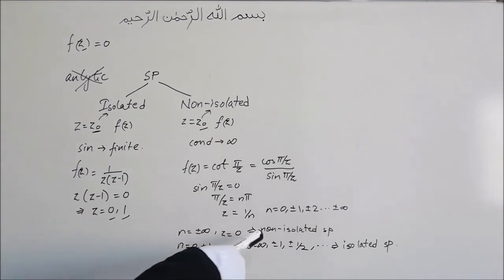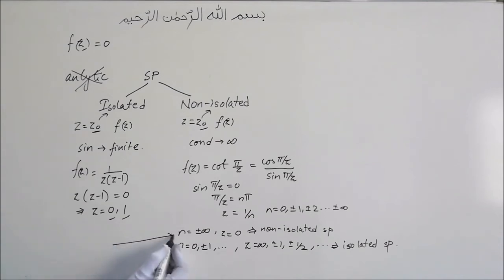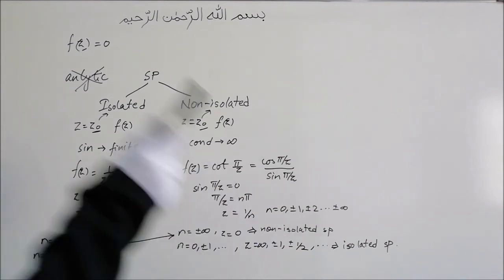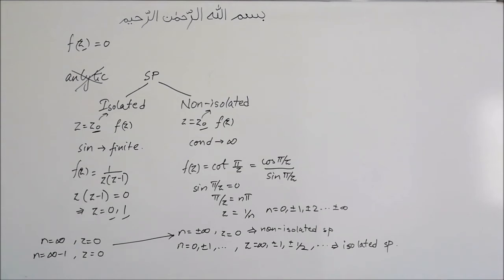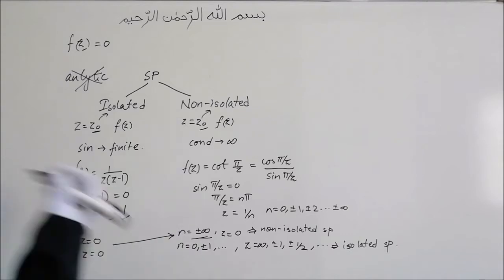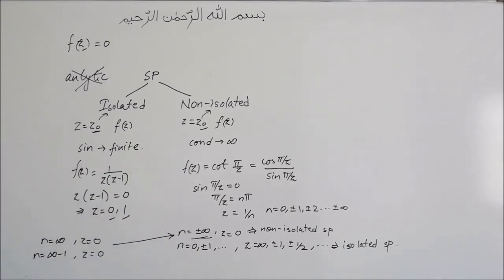Now how did we exactly say that this point is non-isolated? Because from here we can see that for n equals to infinity, we will get z equals to 0, and even for n equals to infinity minus 1, we will get z equals to 0. This point cannot be isolated from the neighboring singular points, thus it is called as the non-isolated singular point. Therefore, the singular points corresponding to n equals to plus minus infinity will be non-isolated in nature, and the singular points corresponding to the finite values of n will be isolated in nature.